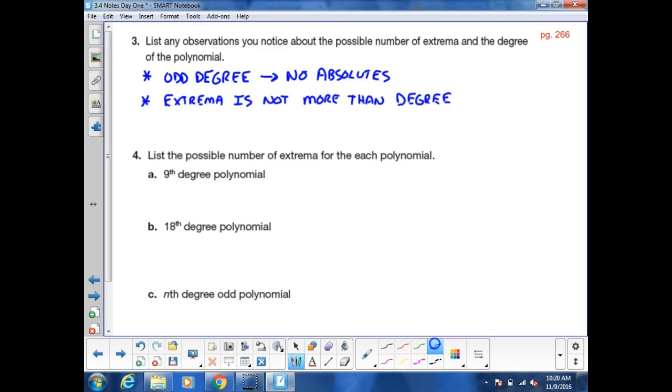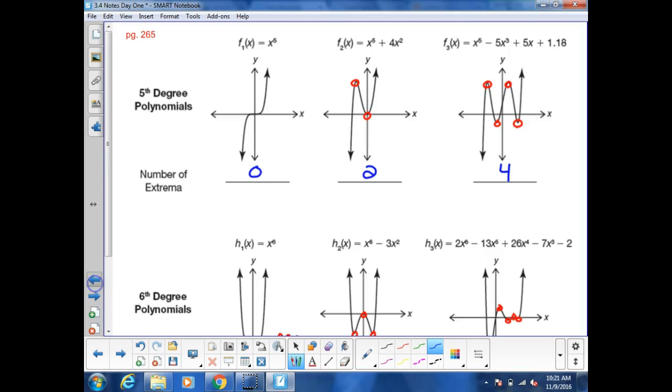Okay? So you can't have a cubic function with 8 extrema. Okay? All right? Anything else? Either that we talked about yesterday or that you observed on looking at this page. Anything else?